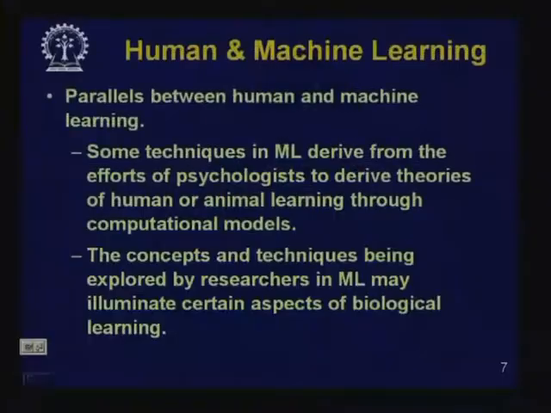But it is conceivable that the concepts and techniques being explored by researchers in machine learning may actually help understand certain biological processes. So, there is a lot of cross fertilization between the fields of cognitive psychology, which tries to understand human or animal learning, and the field of machine learning, where the objective is to learn solely with the help of machines.